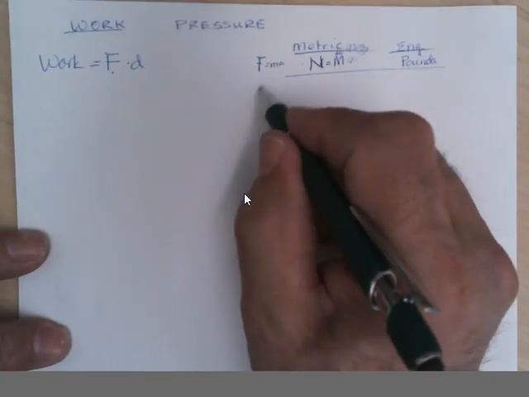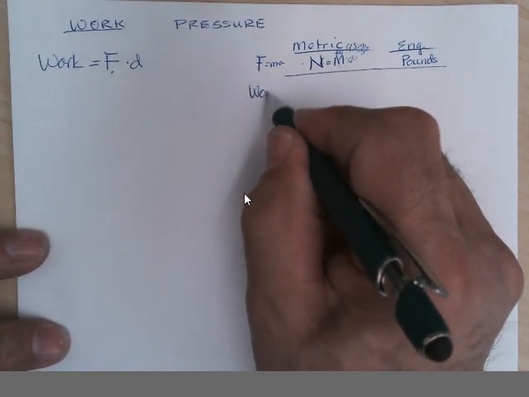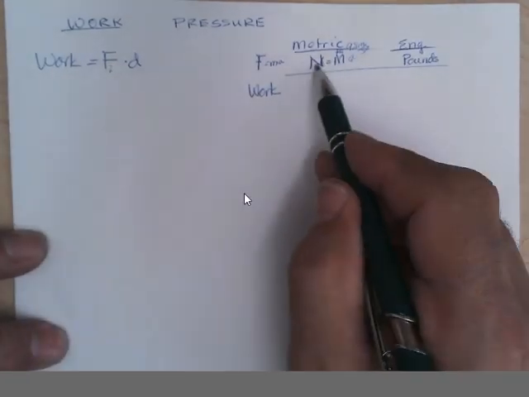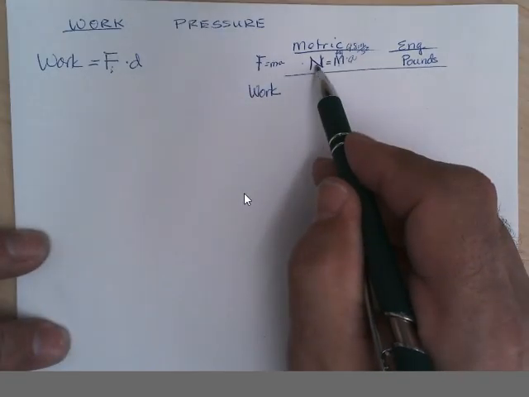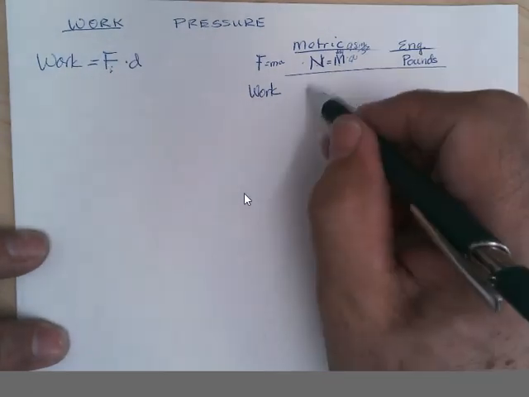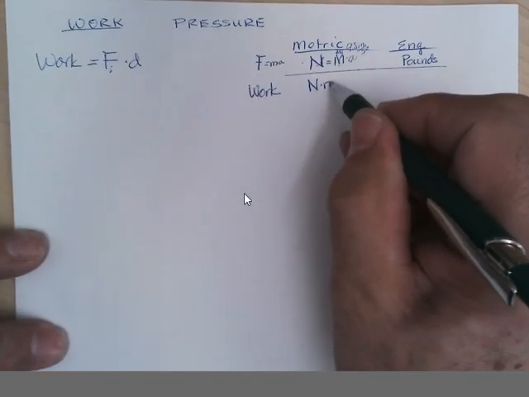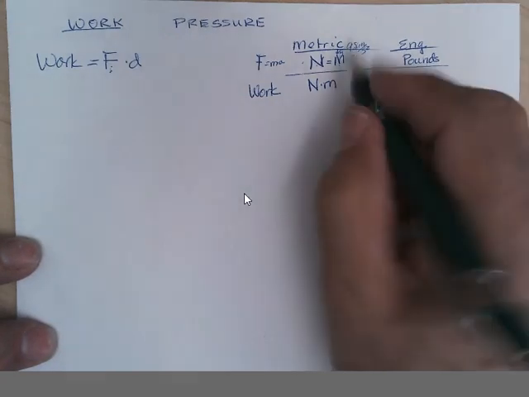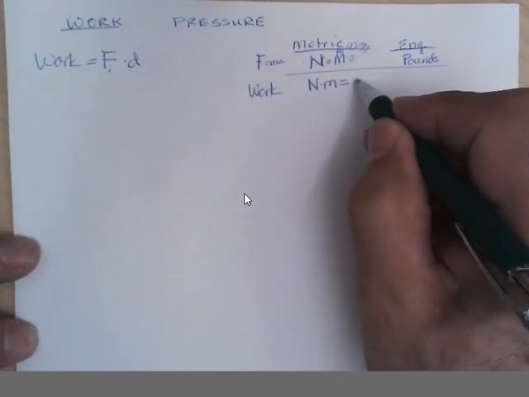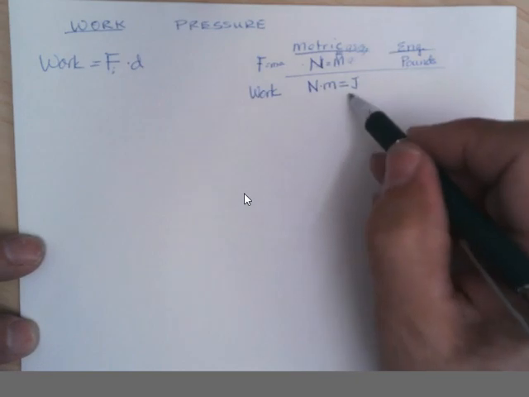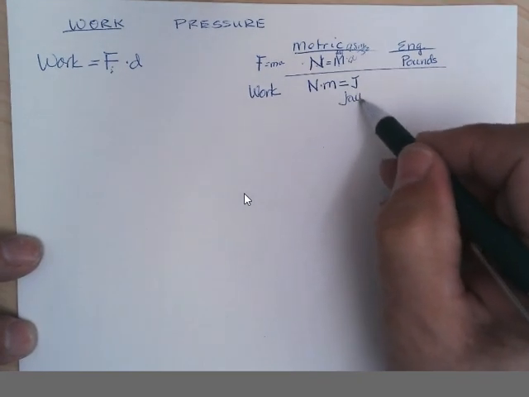So what are the units for work? Well, if force is newtons in the metric system, and you're taking it times distance, you get newtons times meters, which was defined by James Joule as a joule, spelled J-O-U-L-E.